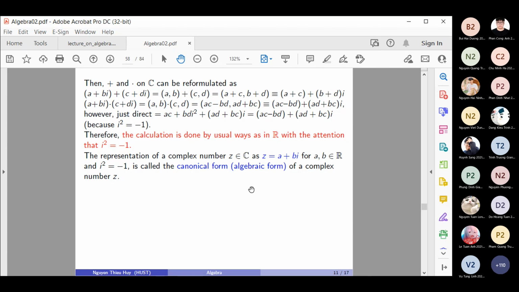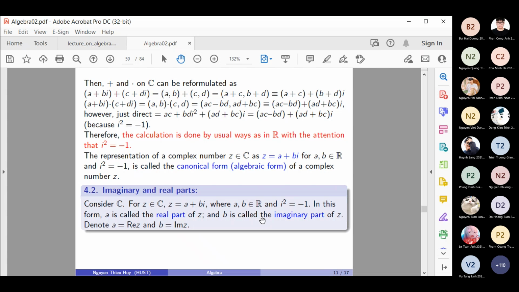In this form, you have a plus bi, then a has a name, and the name of a is the real part of z. So if you have z equal a plus bi, then this number a, the real number, is called the real part of z, and the number b here, the coefficient of i, is called the imaginary part of z, and denoted by a equal Re z and b equal Im z.